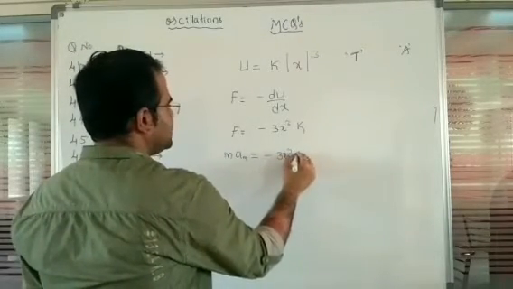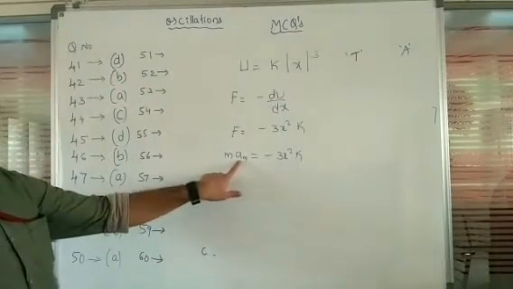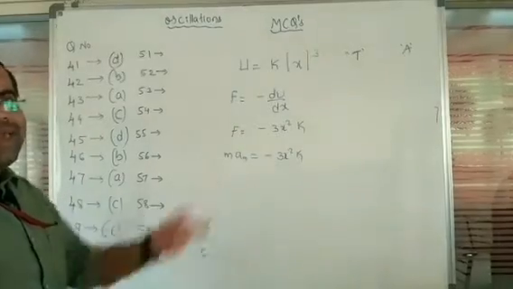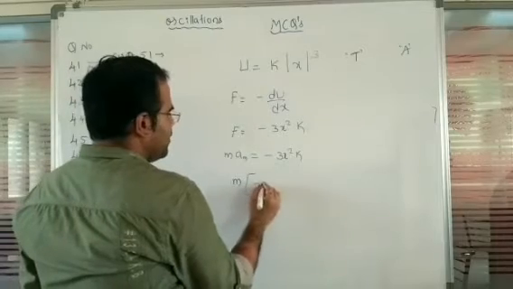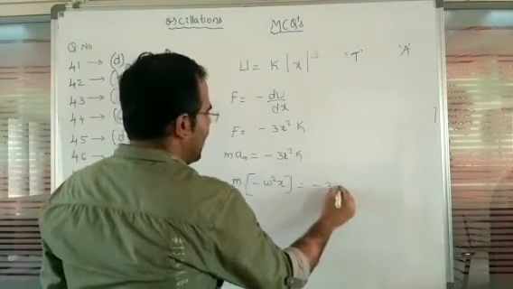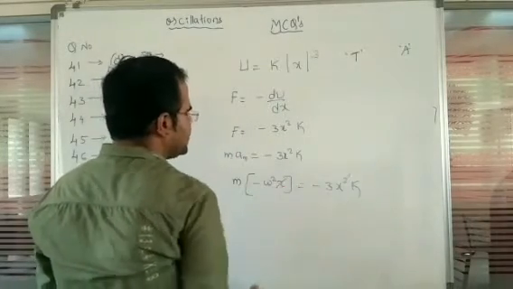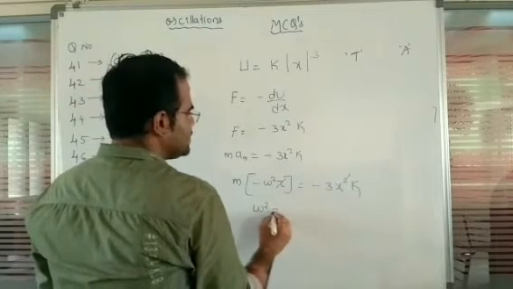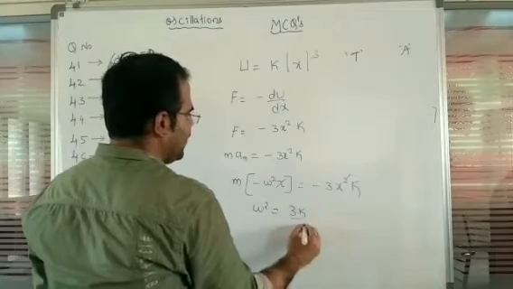So m multiplied by minus omega square into x is equal to minus 3x square into k. In that, x and x get cancelled, so that we can write omega square is equal to 3k divided by m.